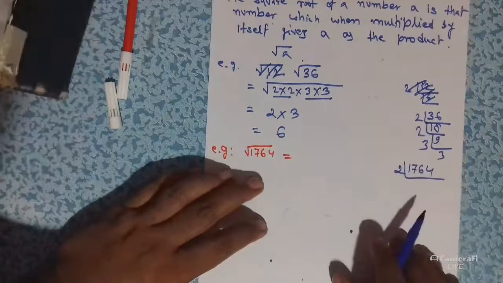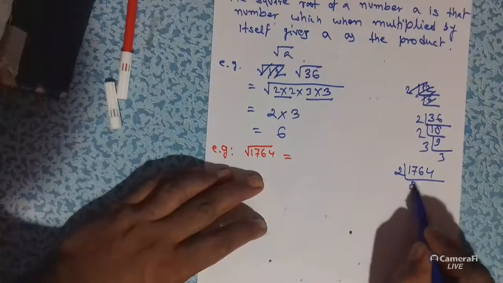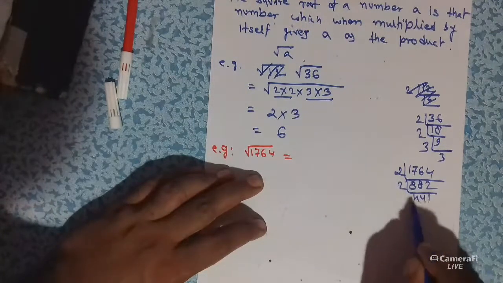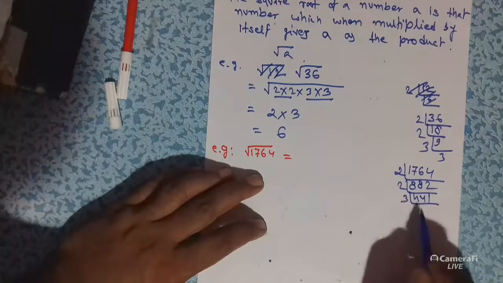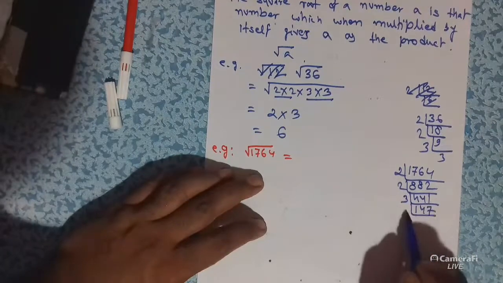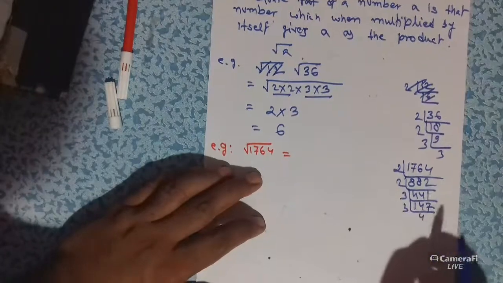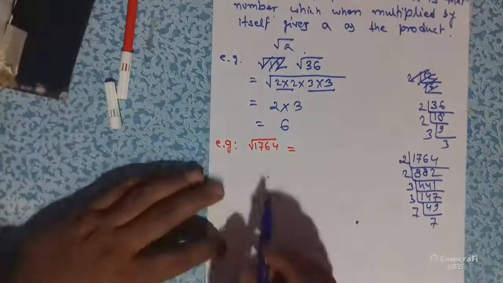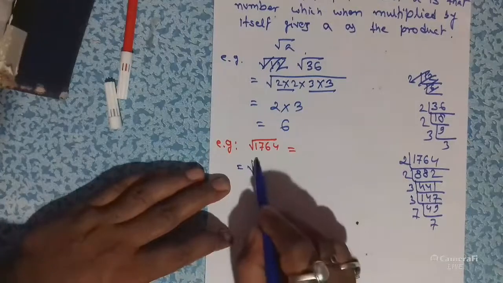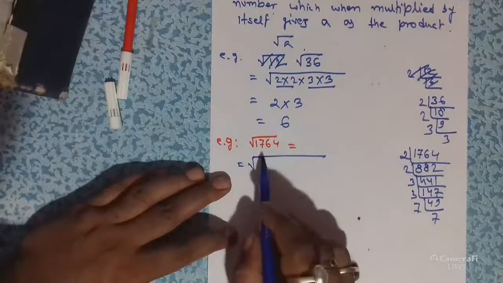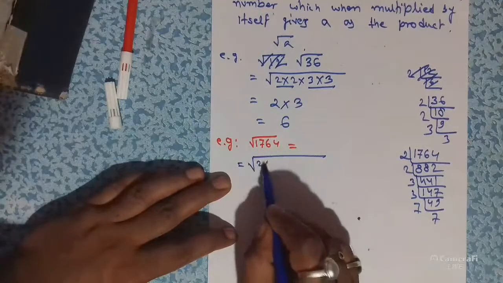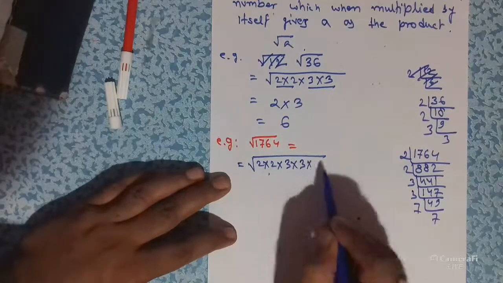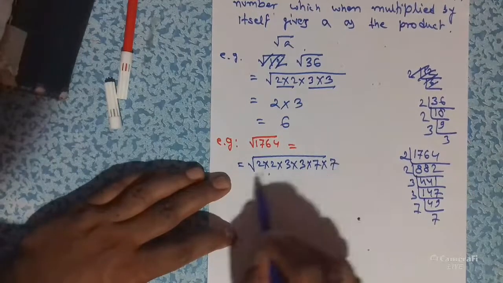So at first factorize it. So 1764 is 2 multiply 2 multiply 3 multiply 3 multiply 7 multiply 7.